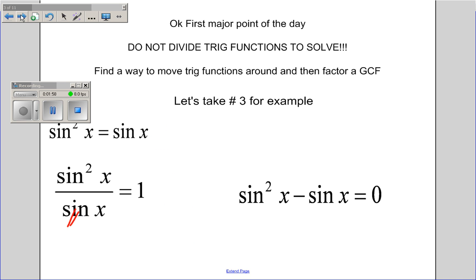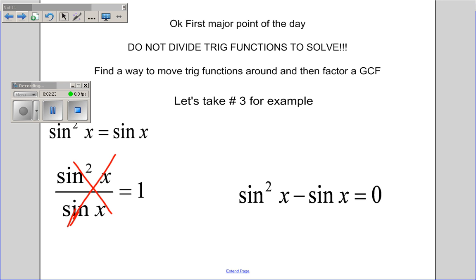So first key point of the day: do not divide trig functions to solve. You've got to find a way to move them all to one side and then factor, do something with them, but don't divide them. You'll lose answers that way, or end up getting extraneous answers. It's just not a good way to go. So this, not what you would do first.